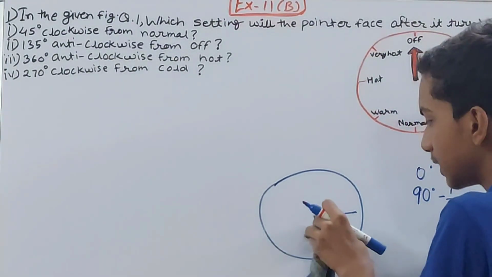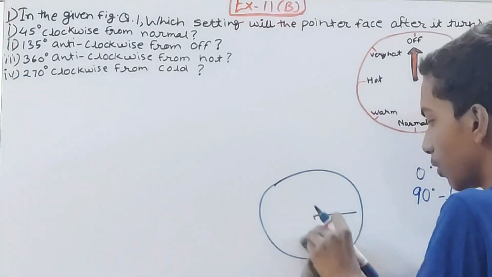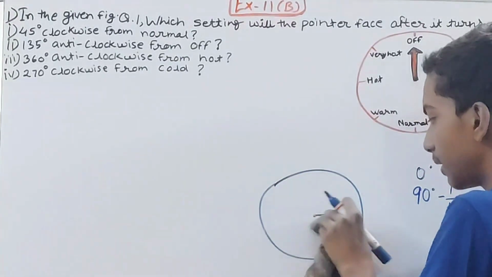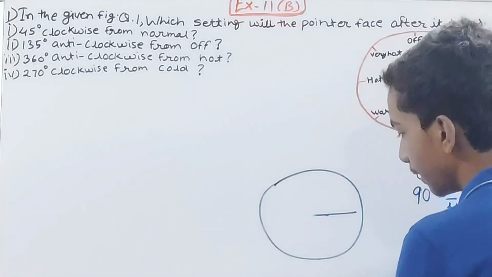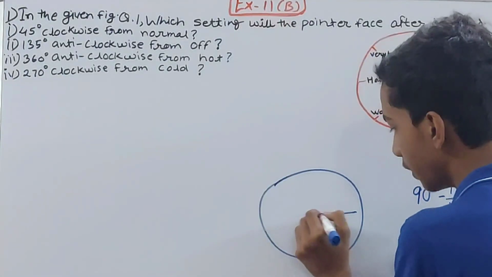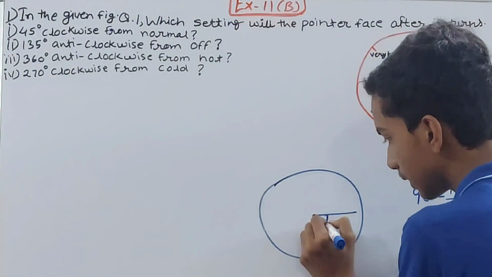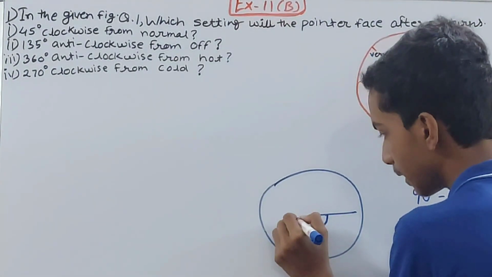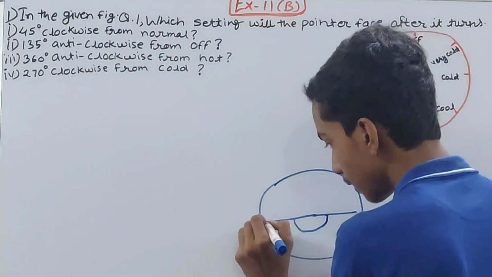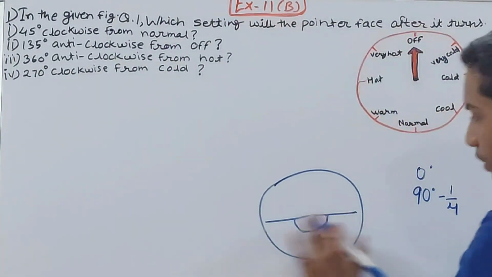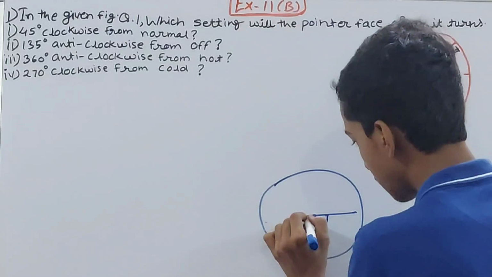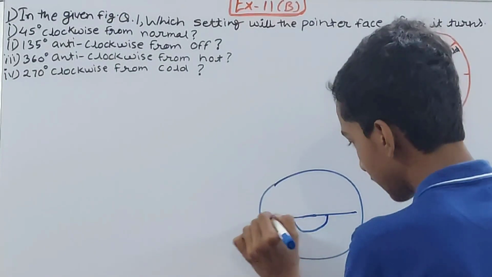Now I'll erase it, and see, if I go straight, just simple straight, nowhere else. This is my pointer, and we are going clockwise. It goes from here, here, until here. Again, this is a straight line. Although it's not perfectly straight, I'll make it a bit straighter, but it's actually a straight line.